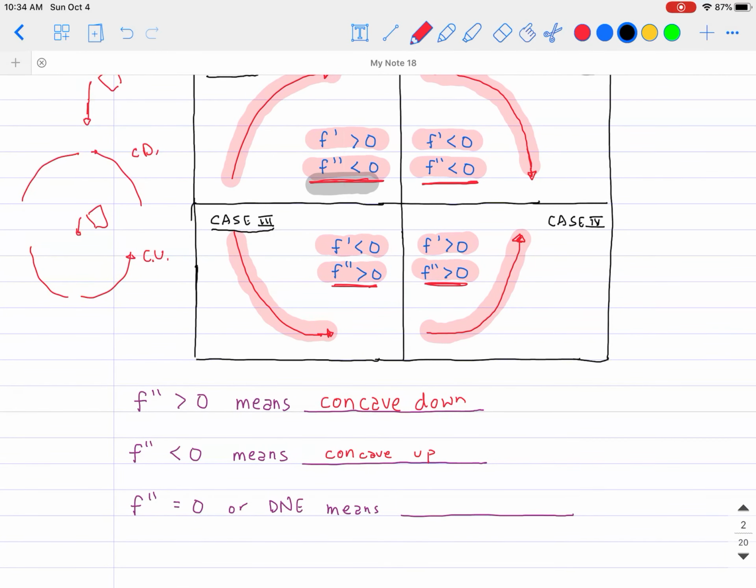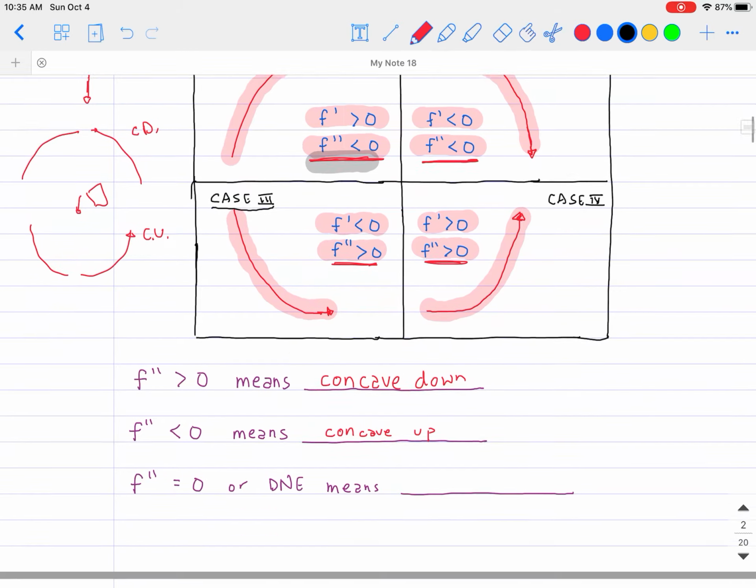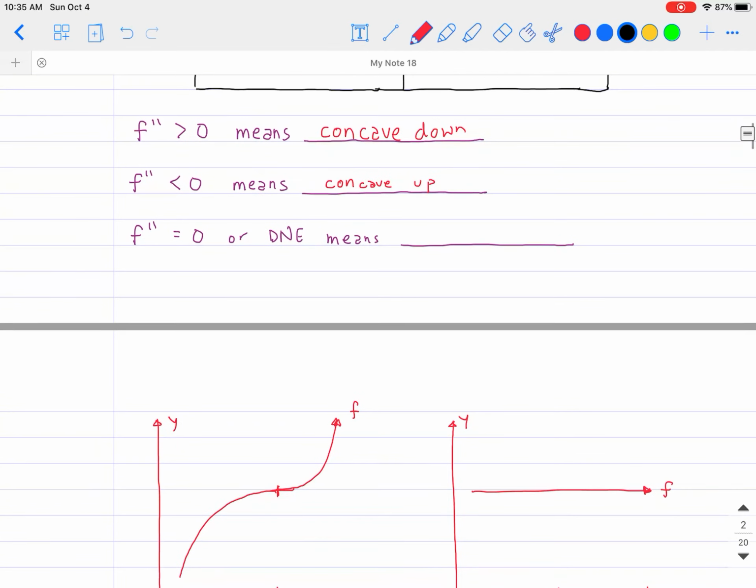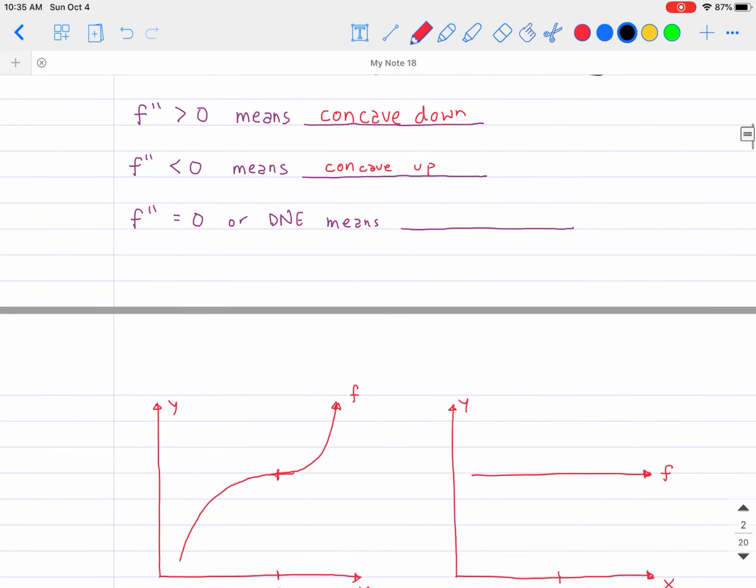So the next question is, what happens if f double prime is equal to 0 or does not exist? I like to think that something is happening just like with the critical point back when f prime is equal to 0 or does not exist. Here is a better illustration of what's happening.